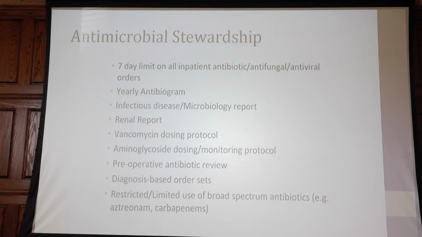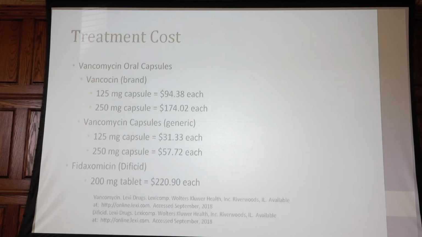And our antibiogram shows that we have like 5 to 10 ESBLs, extended spectrum gram negatives, a year. In the grand scheme of having 1,500 E. coli a year, that's actually pretty good. And that's because we are not using these broad spectrum antibiotics.